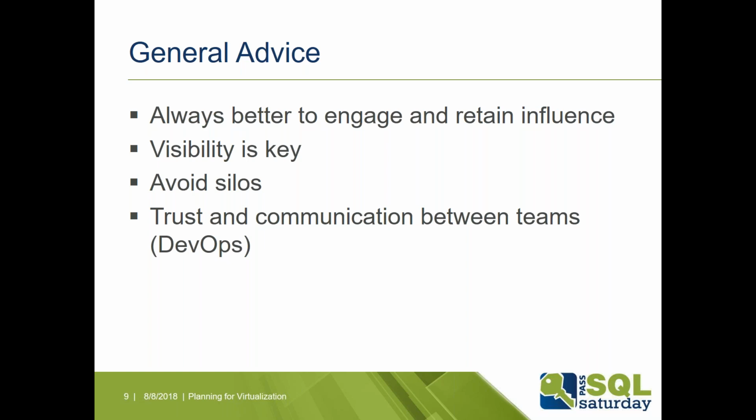Feeding into that is the idea of avoiding silos, where you only look at the database and you're relying on someone else to tell you that the storage is okay, that the virtualization tier is okay, and so forth. This really requires trust and communication between teams, which is also one of the central tenets of the DevOps movement, which, although it means many things to many people, was originally started as a way to have better communication between development and operations through automation and quality up front.